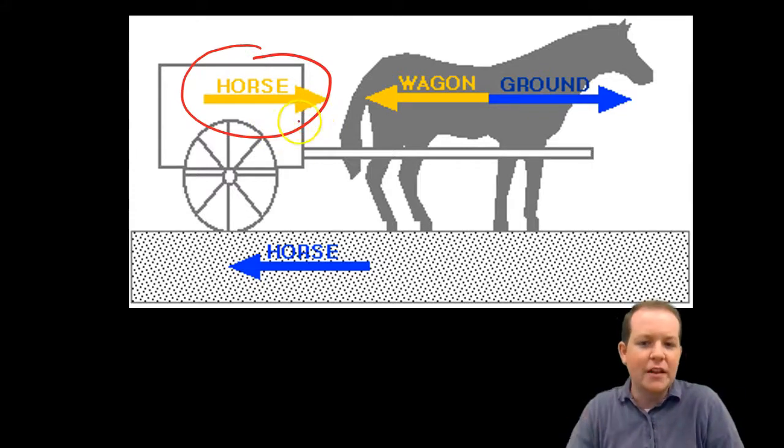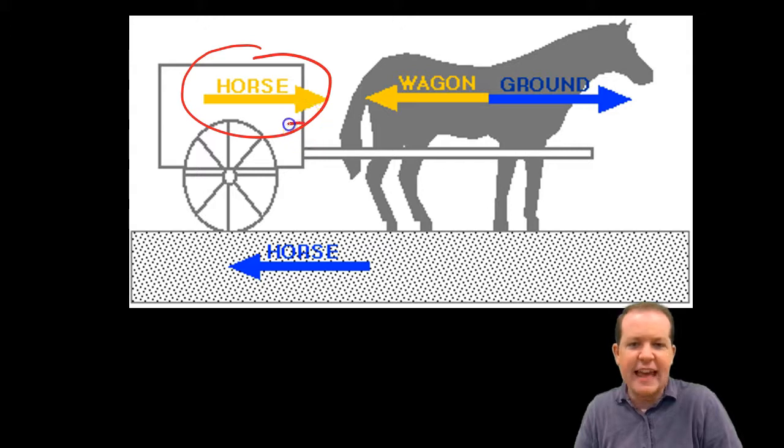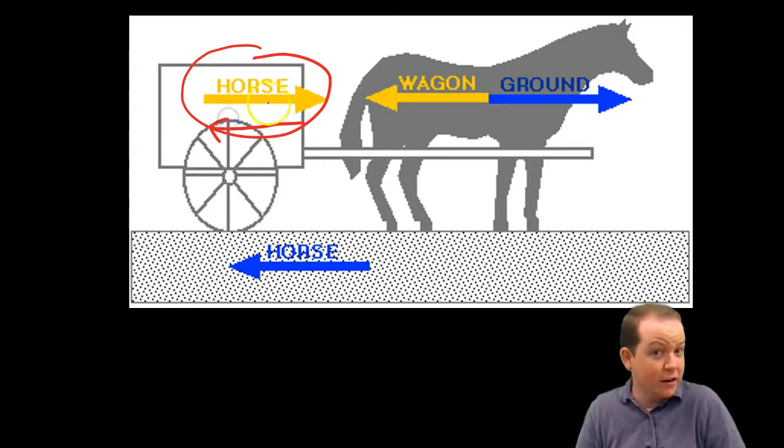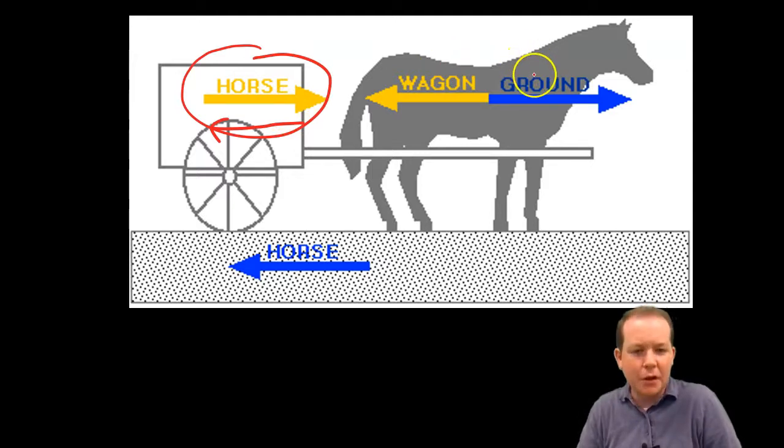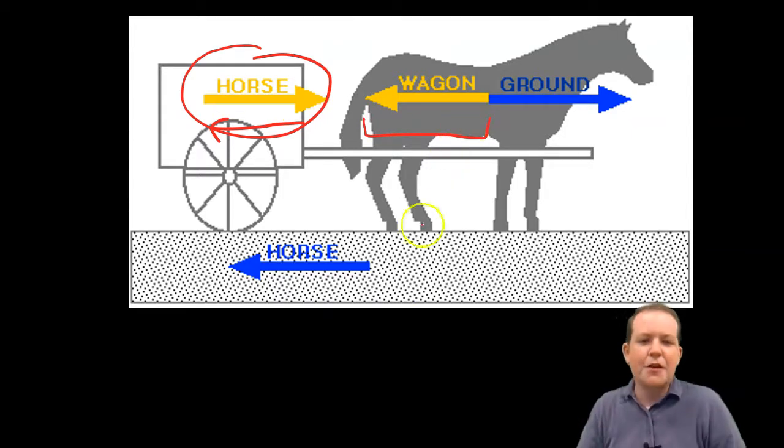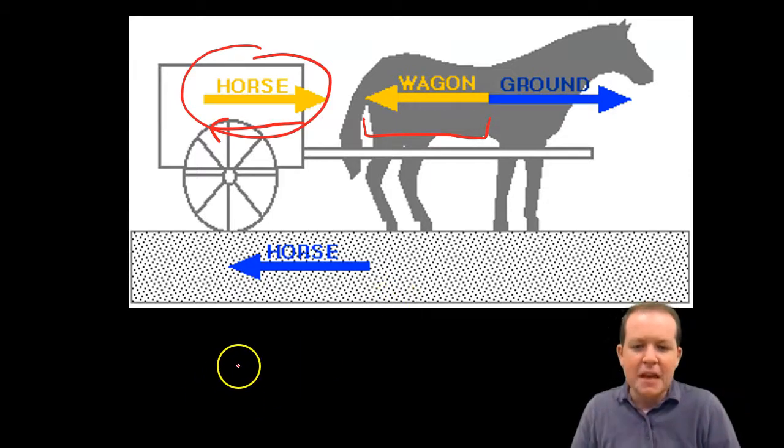Newton's third law does not say there is a canceling force on the cart. Newton's third law says if the horse applies a force on the cart, the cart applies a force on the horse. There is no canceling because these forces are on 2 different objects.